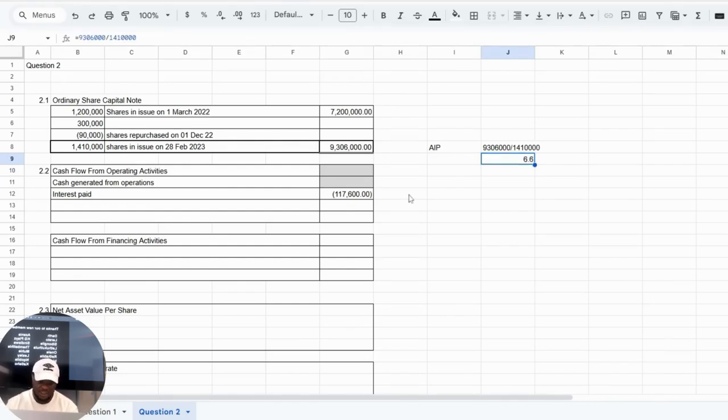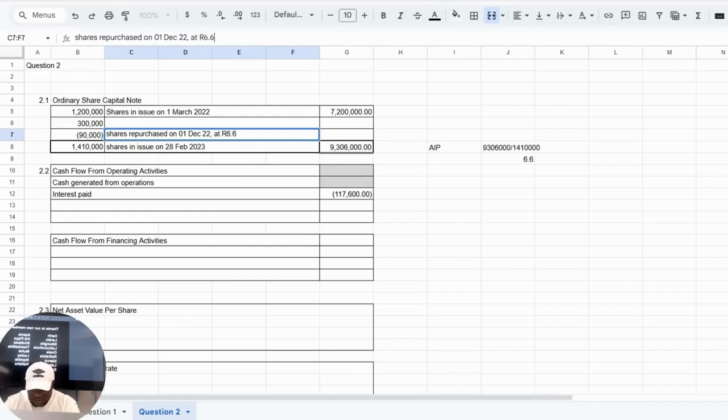So our repurchase on 1 December is at 6.60, and that's our average issue price.